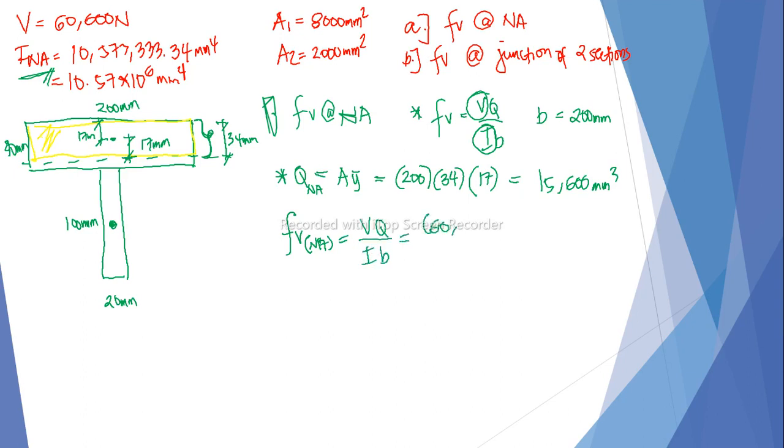V is 60,000 newtons times Q, 115,600 cubic millimeters, over the transformed moment of inertia with respect to the neutral axis, 10.57 times 10 to the 6 millimeters to the fourth, and B, the base, is 200 millimeters.